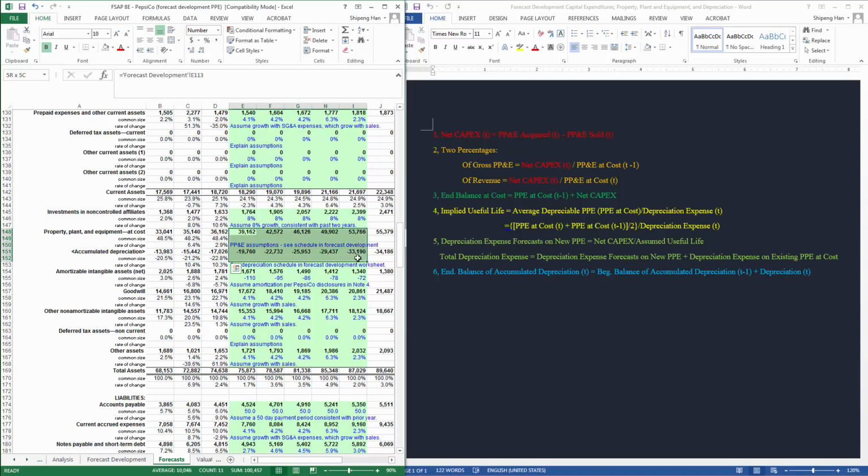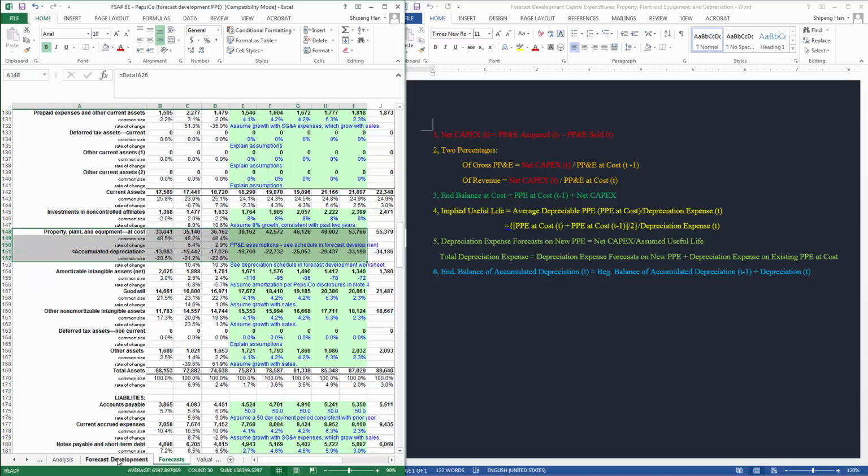These are forecast numbers. And for the forecast of property, plant, equipment, we do not apply common size or trend analysis. The reason is we have more information and we can forecast a more accurate number.